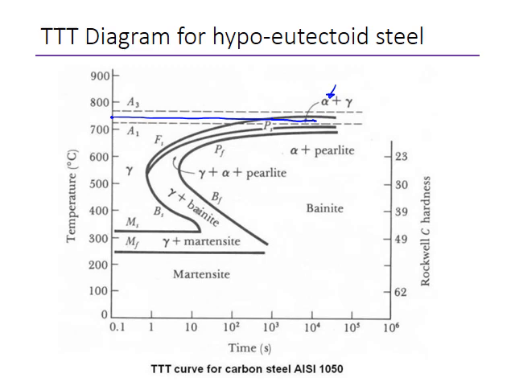Notice that you have no end lines. Why? Again, if we draw the line for the hypoeutectoid steel, if you held your material at this temperature, then you will reach equilibrium.